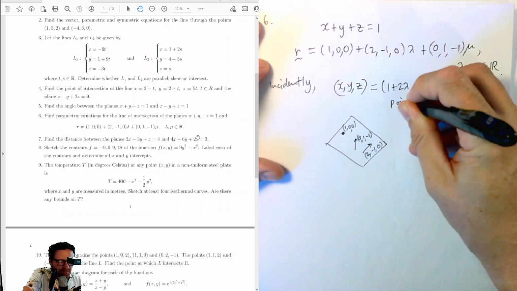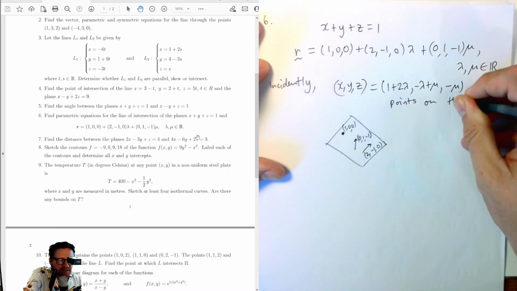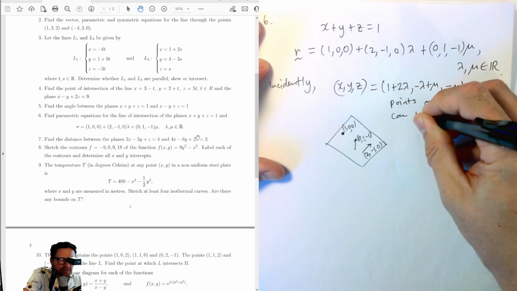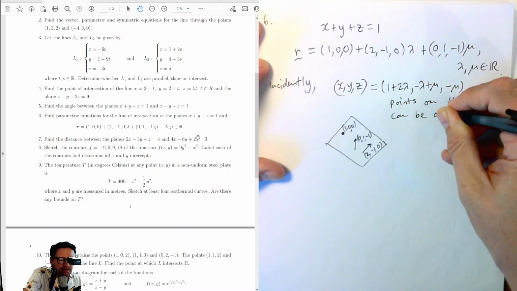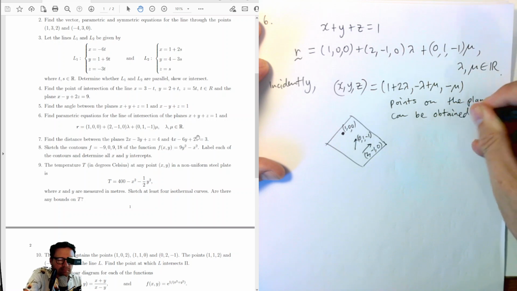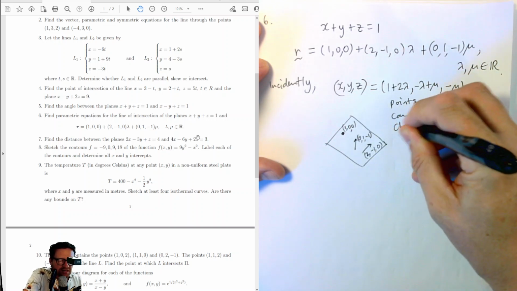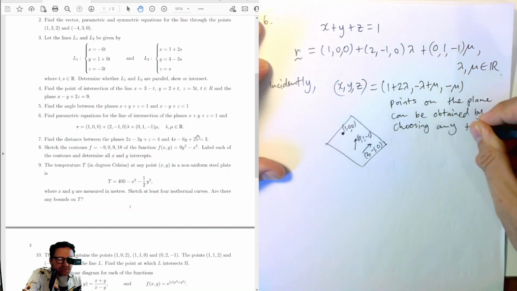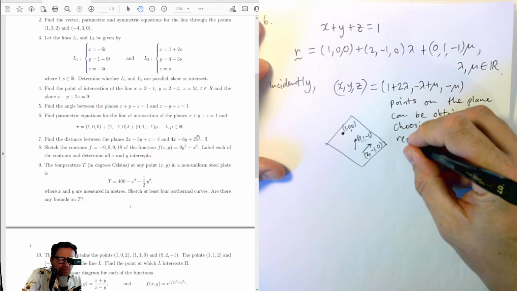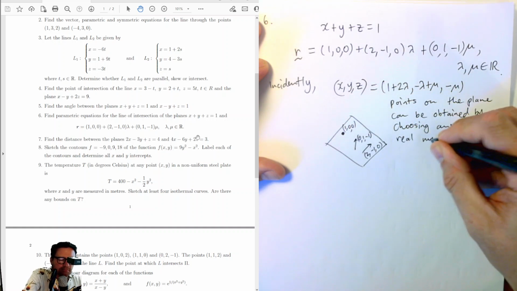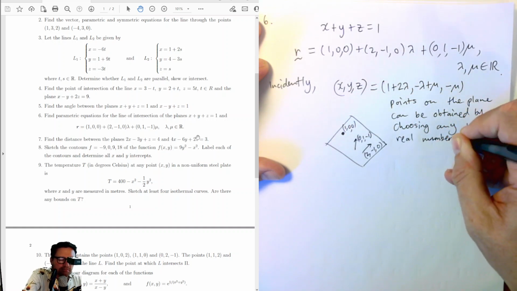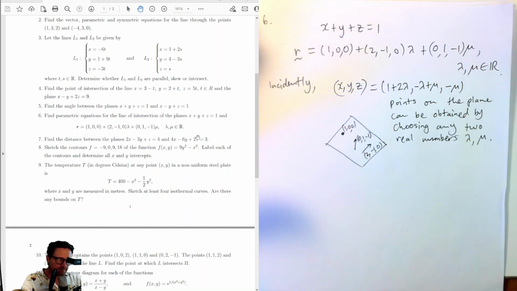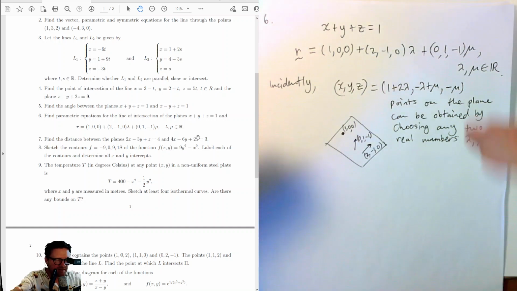So let's write: points on the plane can be obtained by choosing any two real numbers, lambda and mu. Now back to the task.